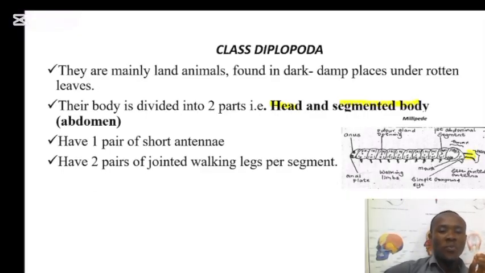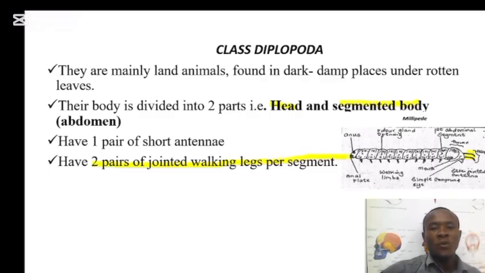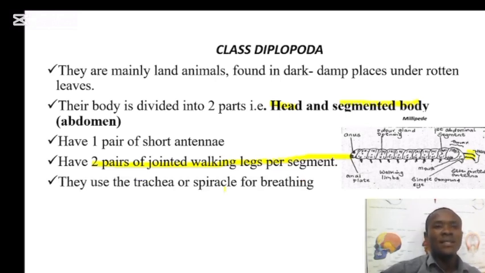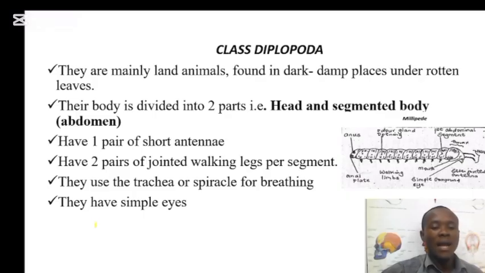They have two pairs of jointed walking legs per segment, and they can have from 11 to over 100 segments per organism. They use their trachea system for respiration, and that trachea system is connected to the outside via the spiracle. They have simple eyes.